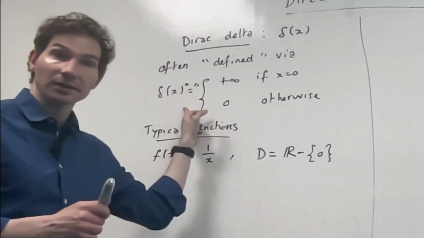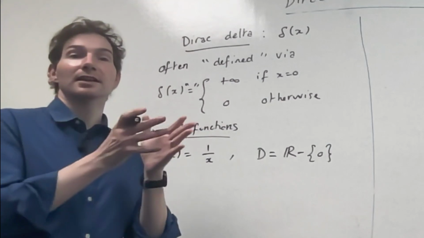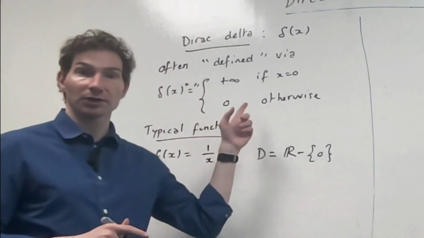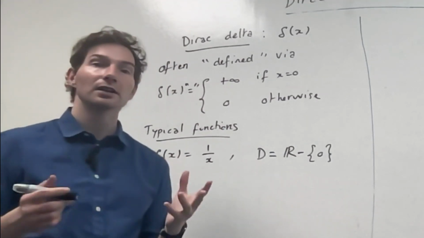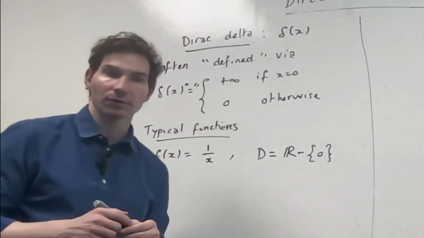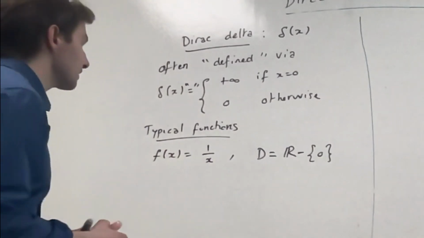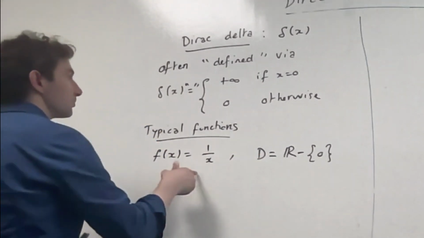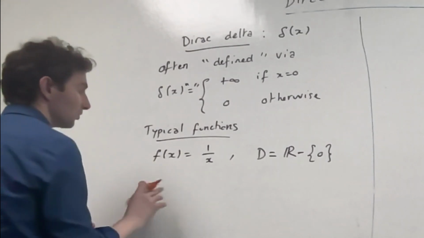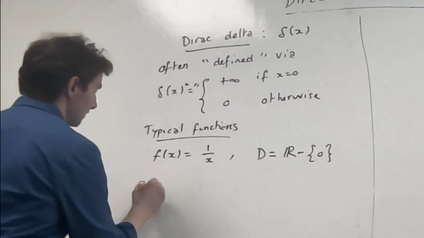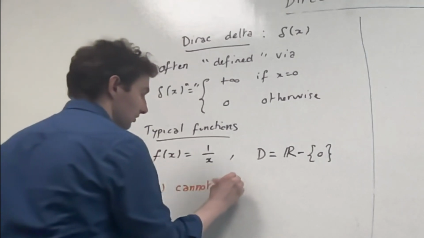As I said earlier, the plus infinity, the blowing up at x equals 0, is essential for that particular object to make sense, or exist, or have any kind of meaningful purpose. So it cannot be a function in the traditional sense of the word. We see that this is quite different. So let's say rather that delta of x cannot represent a function.